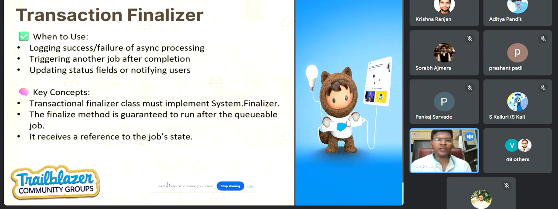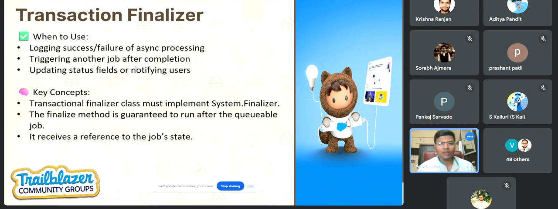So I was waiting until the manager gives a verbal confirmation, or in Slack or Teams, and only then would I raise a request in the portal. So I'm triggering another job after the first one is completed. That is one use case: if I want to trigger one job after the previous one is done, you would go with a finalizer.